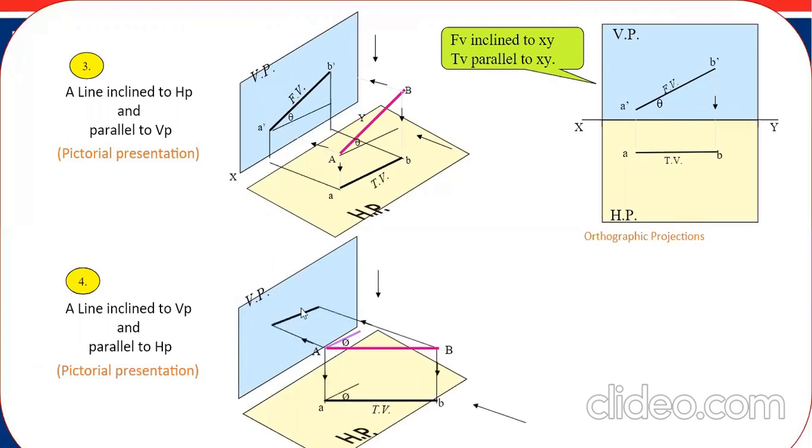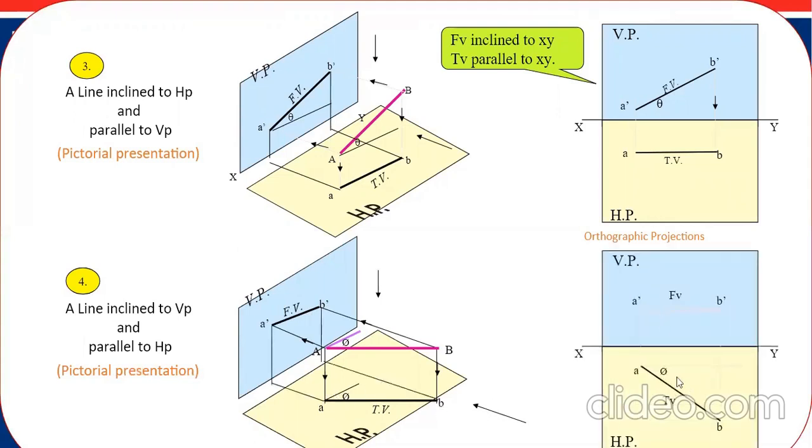Now front view, this one on VP, A dash and B dash. So here we can measure the actual length in the top view AB. This is the front view and this is the top view, if the line is inclined to VP and parallel to HP.